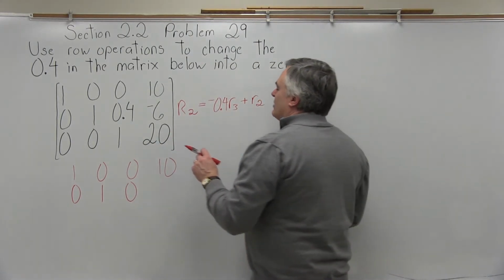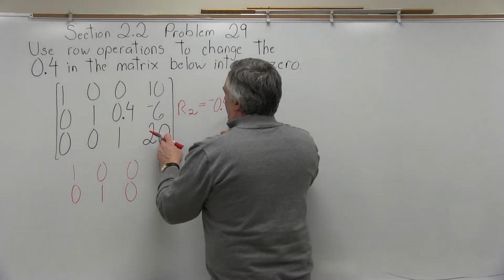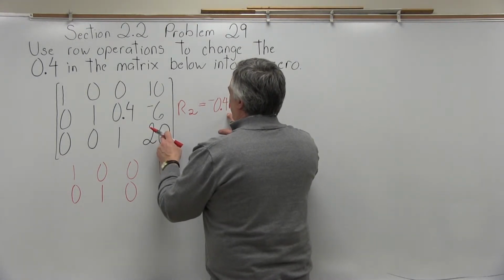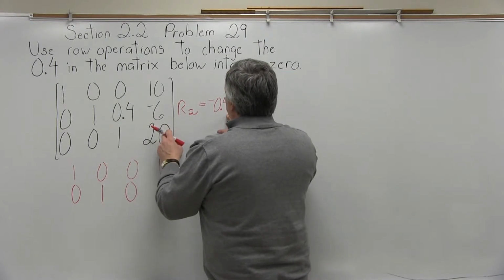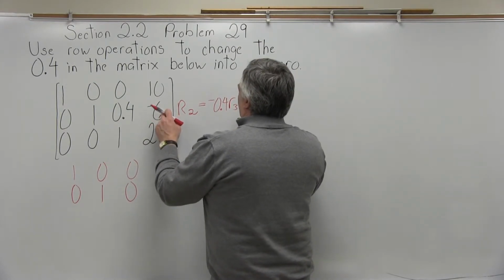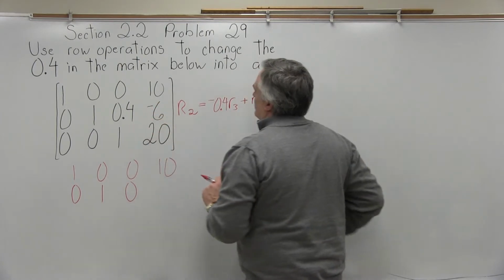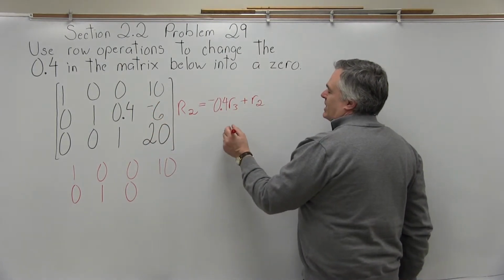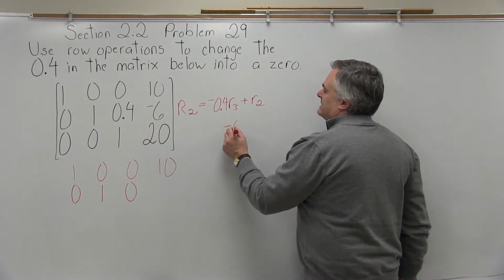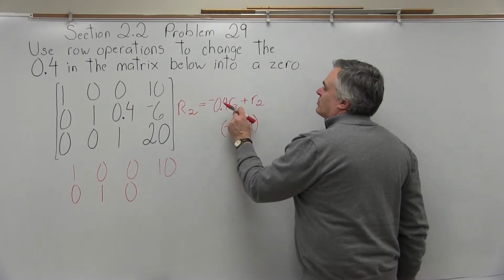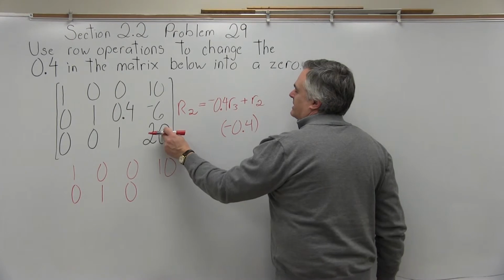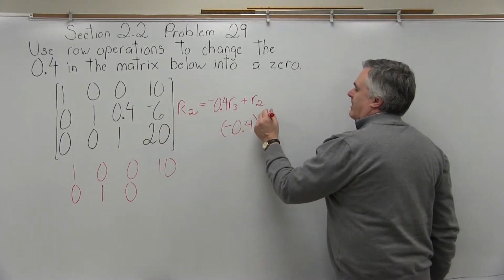Now the last one, we do have to do a little bit of work. So negative 0.4 times row 3 is times 20. I'm going to get an answer for that, and I'm going to add it back up to row 2, which is plus 6. Why don't we do that off to the side? So negative 0.4 times row 3. So row 3 in this last column is a 20.